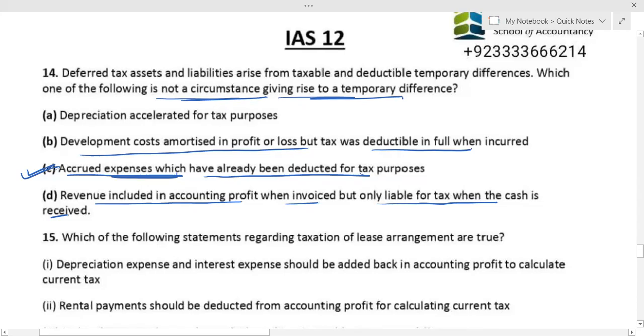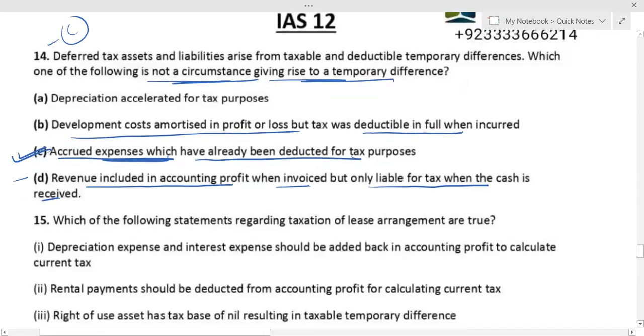So you will have the receivable in point D, but the tax base of those receivables will be zero. Why zero? Because taxation authorities do not accept receivables. They are saying we will ask you to pay the tax when you have received the cash. So a temporary difference will not arise when accounts and taxation treatment is the same, and that is part C. So the answer is Charlie.